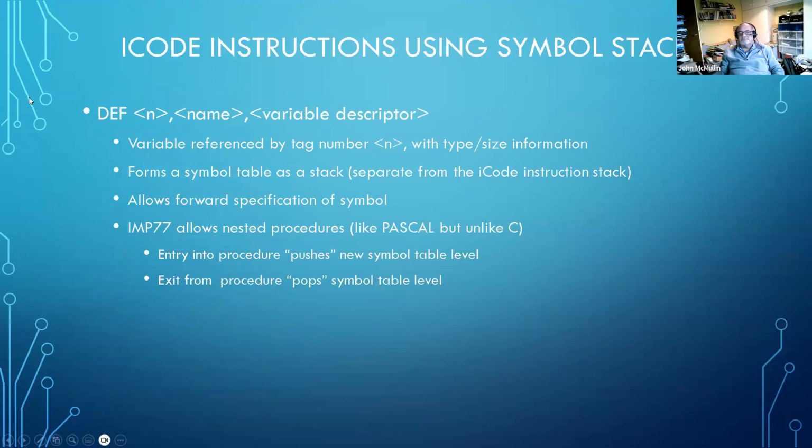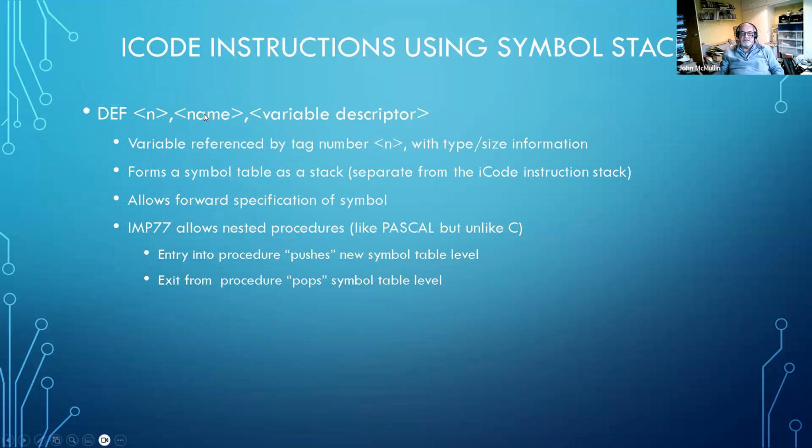Next, here's the actual I code which defines a routine or a variable or whatever. The name, we've called it def, and it's got just a number of parameters. One, the n is a tag, a handle to access this particular definition.